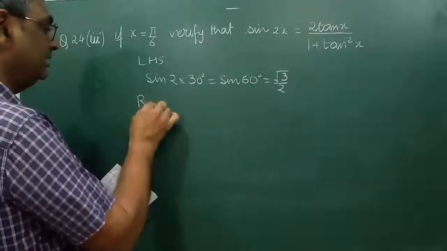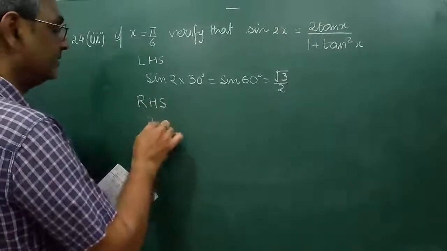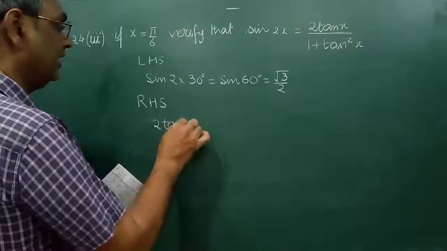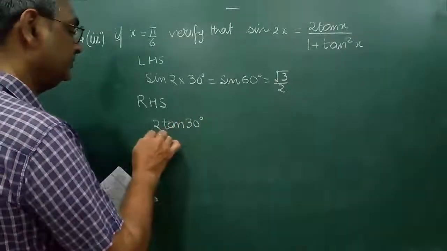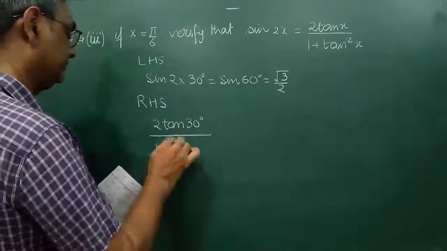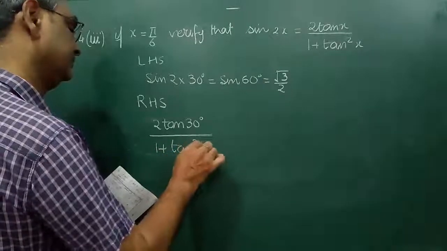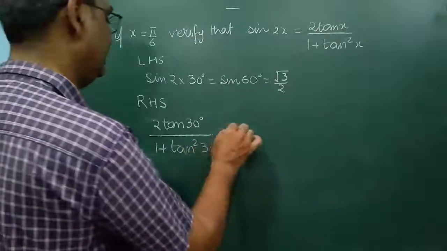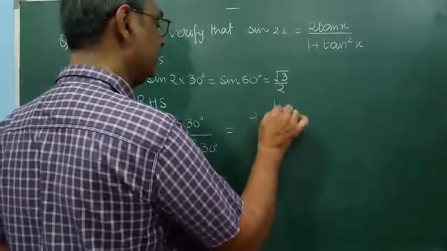Now we will be dealing with RHS. I am writing the values directly now. Tan 30 value we are knowing, this is 1 upon root 3.